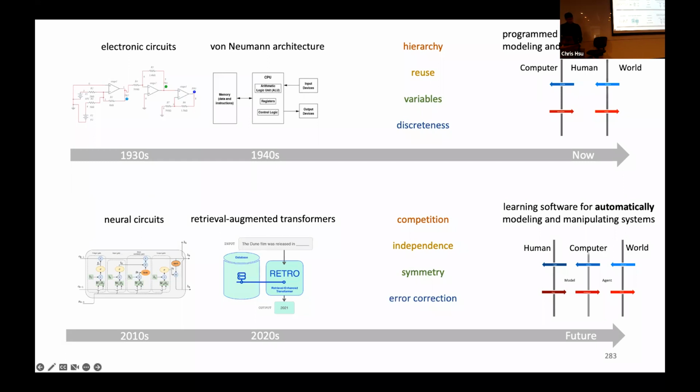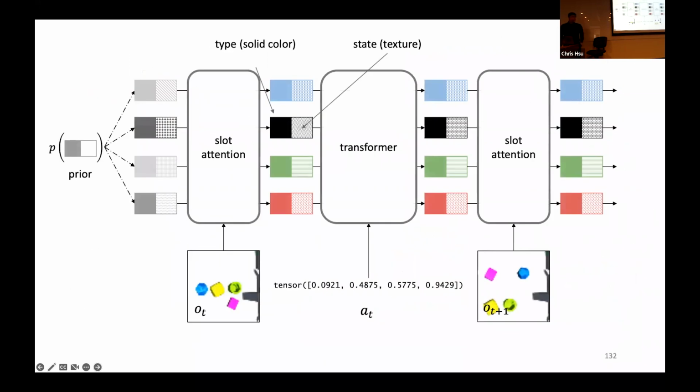Yeah, so that could be. Let me see if I can draw a diagram to help with this. Okay. I guess the modeling choice that we're making when we construct an architecture like this is that we want to map pixel observations into a discrete set.